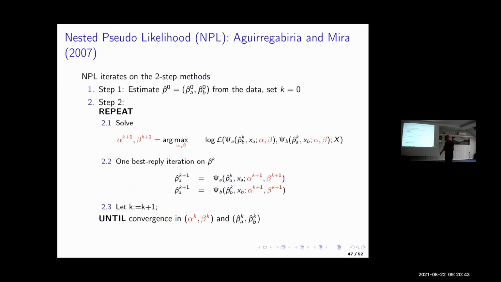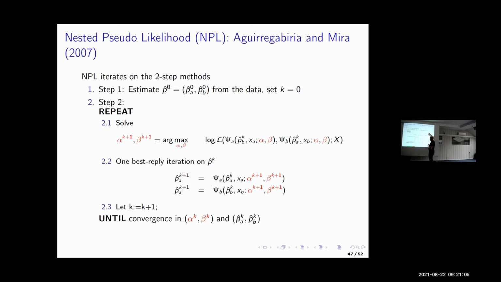Now you can deal with this finite sample bias by using sequential updating of the choice probabilities. You start by estimating an initial set of estimates from the data, for example a frequency estimator. That's step one.